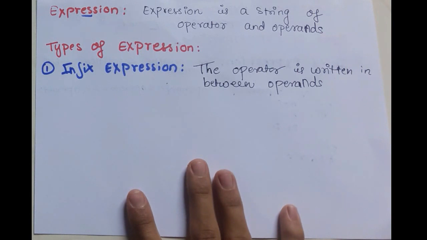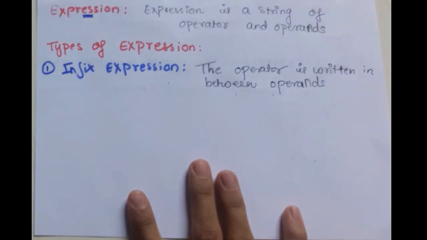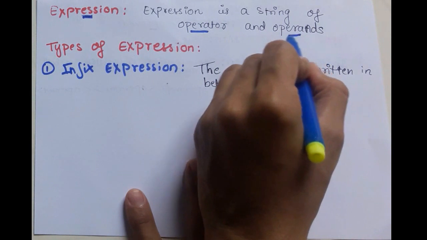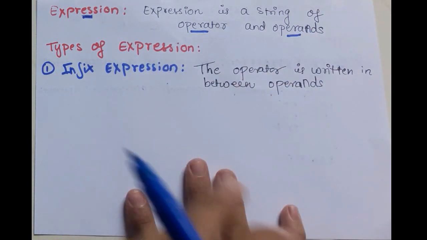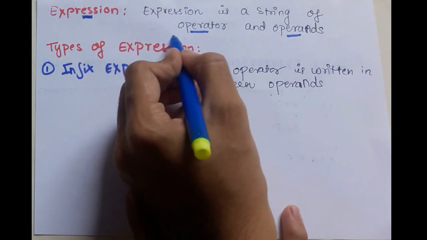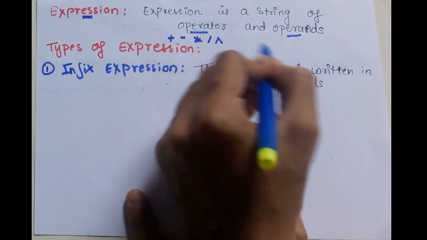So now let us see what is an expression. An expression is a string of operators and operands. So operators and operands together form an expression. What are operators? Operators are plus, minus, multiplication, division, exponent.